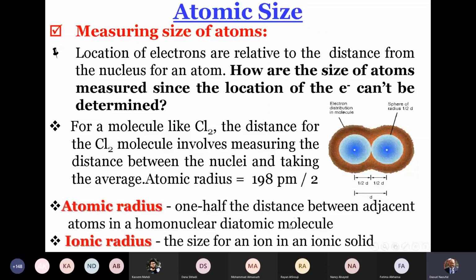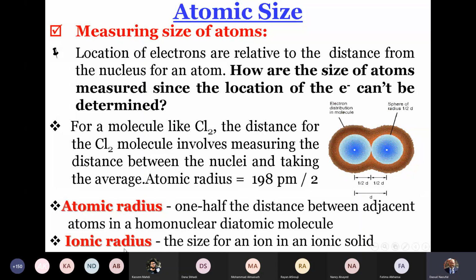In other words, we could not find directly the atomic size of atom X. We consider the molecule X2, we calculate the internuclear distance d, then d equals 2R, so R equals d over 2, and the atomic size or the atomic radius is found indirectly.